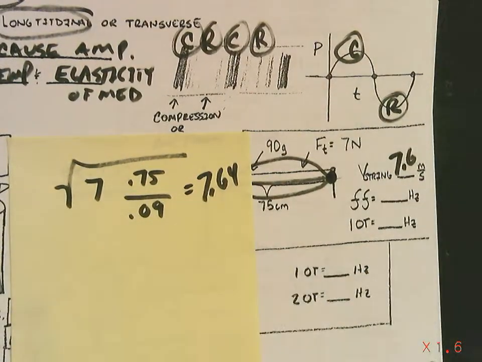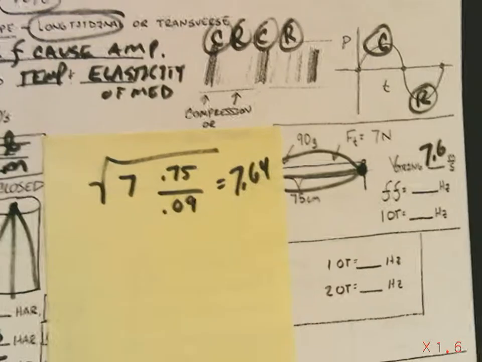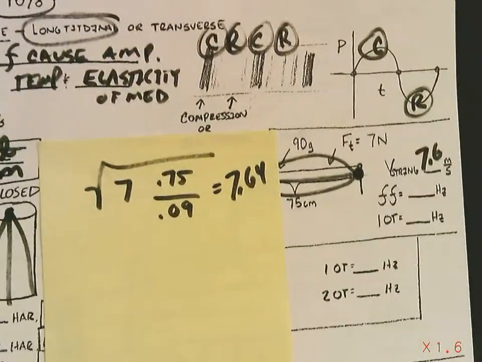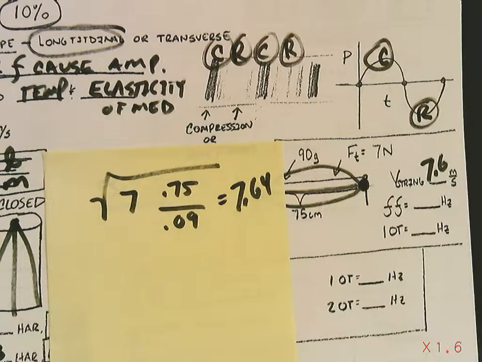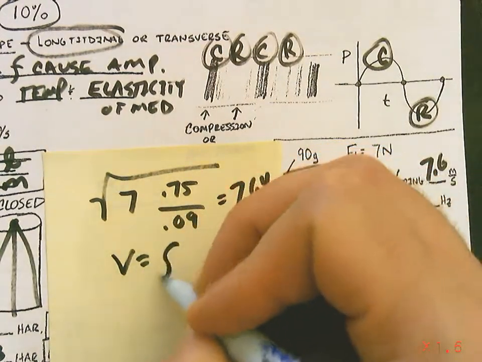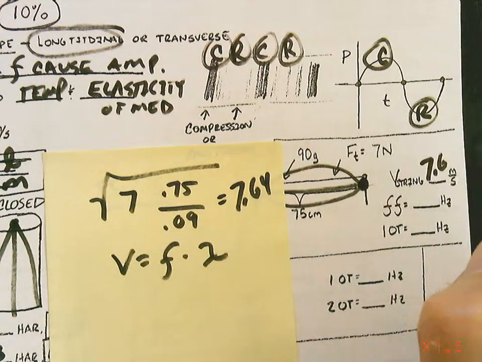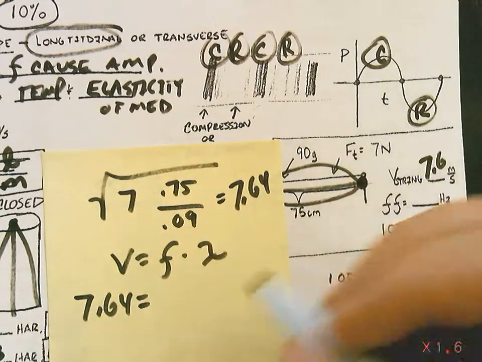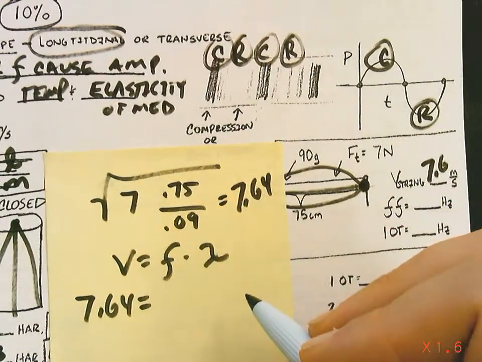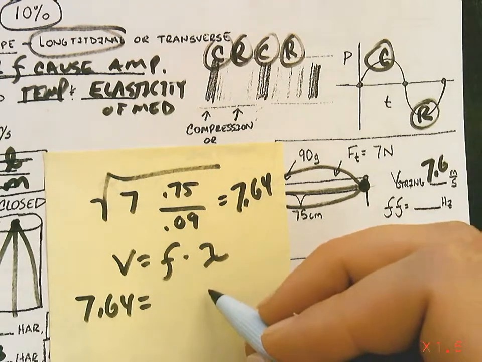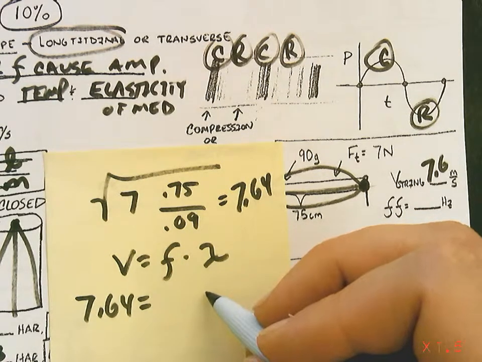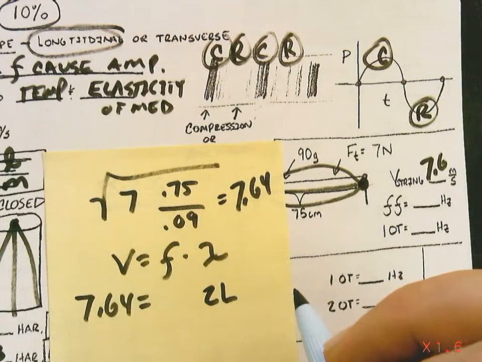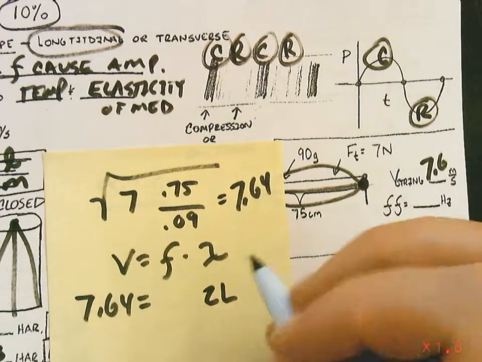And then from the velocity, we can find important other things like the wavelength. And then from the wavelength, we can find the frequency. So velocity equals frequency times wavelength. So the velocity in the string is 7.64. For the fundamental, the wavelength, we go back over here, would be L equals 1/2 of a wave, or 2L. Wavelength equals 2L.